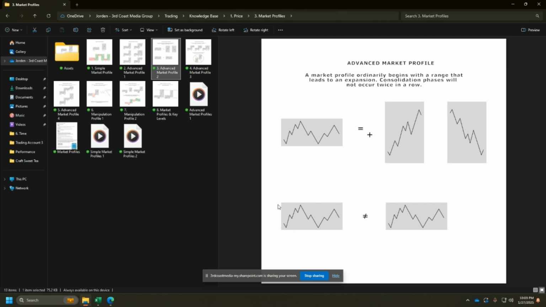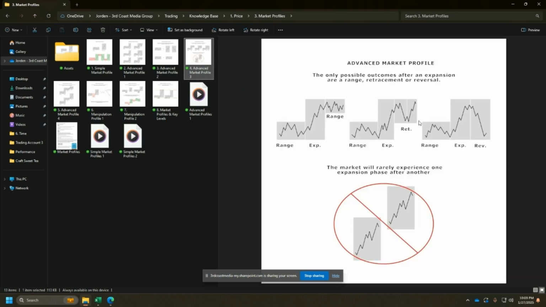You want to distinctly define the time frame of the range that you're working with. The only possible outcomes after an expansion are a range, a retracement, or a reversal.